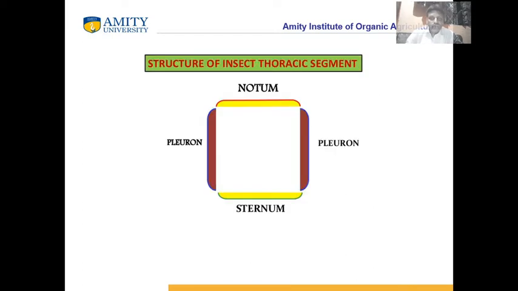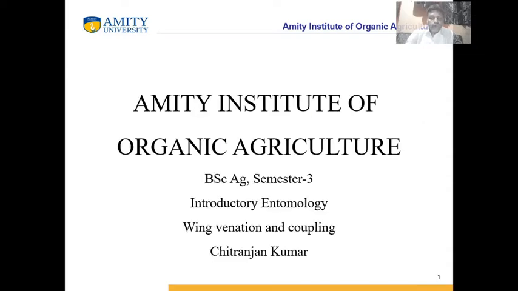What is wing venation? Wing venation is the pattern of veins appearing on the wings. The different structure of veins appearing on the wing is called wing venation.